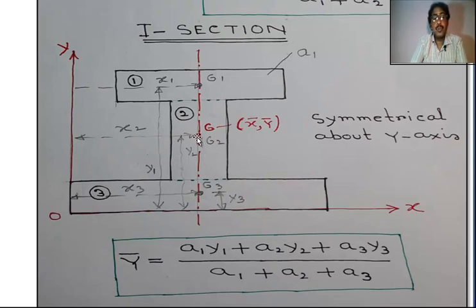Distance from the y-axis is x2. G2 distance from the x-axis is y2. Okay. Bottom flange G3 is the centroid. Distance from the y-axis is x3, from the x-axis is y3. It is marked as number 3. Area is A3.